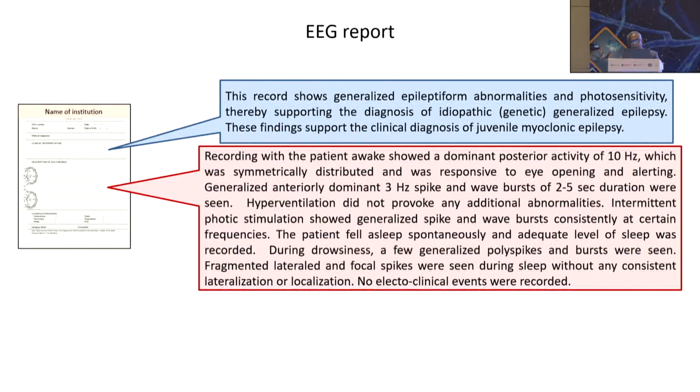The patient fell asleep spontaneously and an adequate level of sleep was recorded. During drowsiness, a few generalized polyspike bursts were seen. Fragmented, lateralized, and focal spikes were seen during sleep without any consistent lateralization or localization. No electroclinical events were recorded.